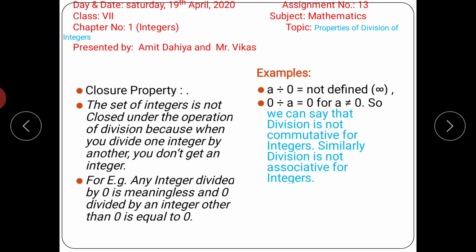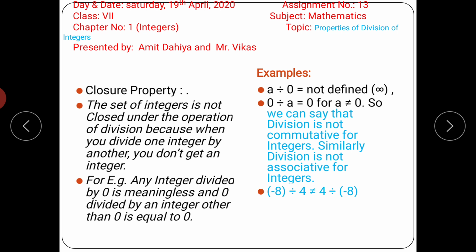For example, 10 divided by 5 gives 2, and reversing the order, 5 divided by 10 gives 1 by 2. It is not equal, so it doesn't hold the commutative property. If it doesn't hold the commutative property, it definitely doesn't hold the associative property of division of integers.